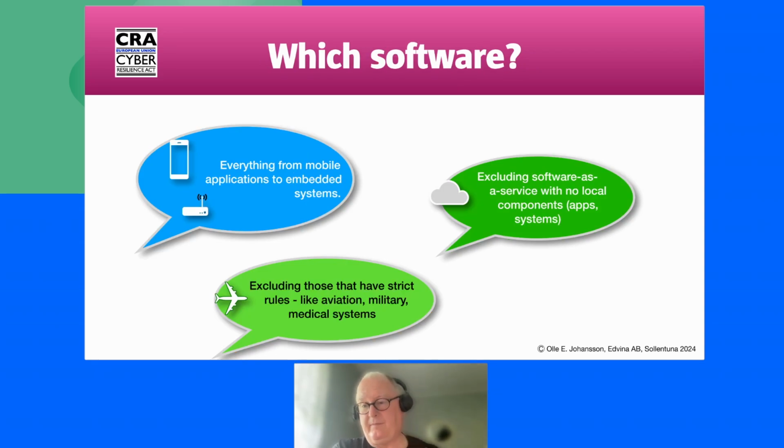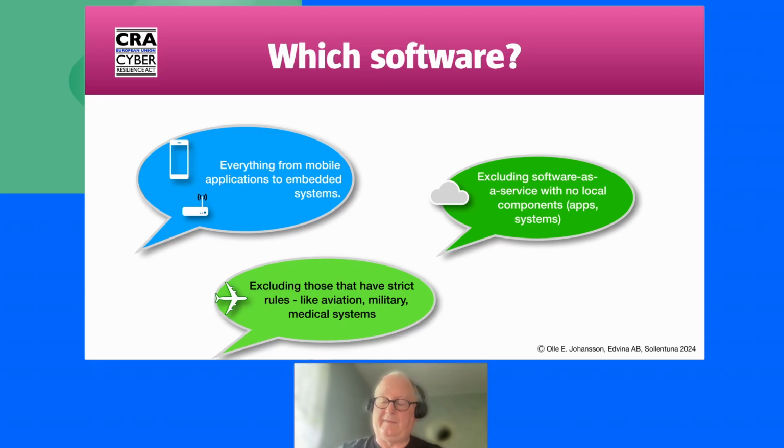So, which products? Well, there are products that already have regulations like medical, military, and cars, and the CRA doesn't apply to that, but the rest of the market, it does. Cloud services are excluded because in the European Union cybersecurity legislation, NIS 2 covers a lot of the cloud services and online services.